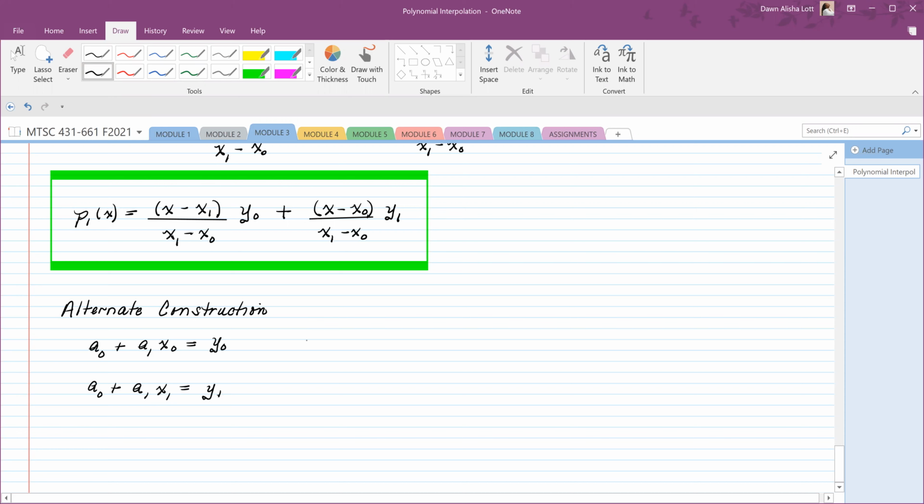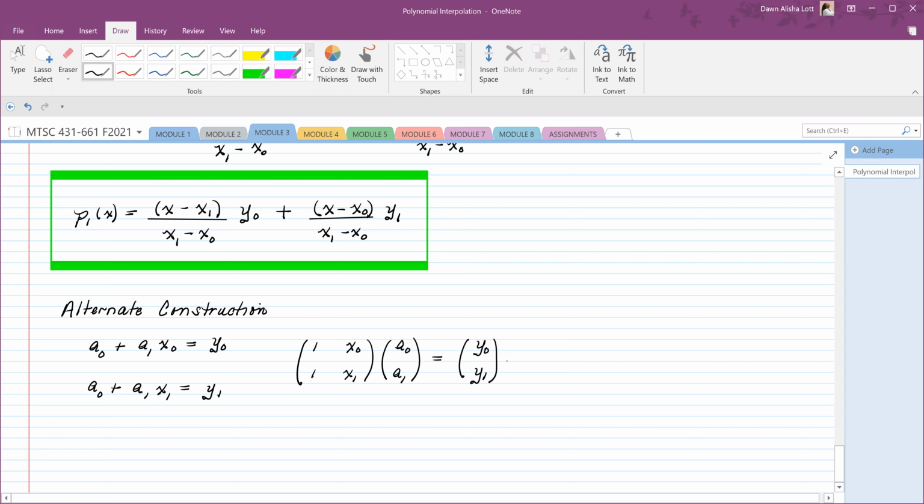So now I end up with a matrix 1 X naught, 1 X1, times A naught, A1 is equal to Y naught, Y1.